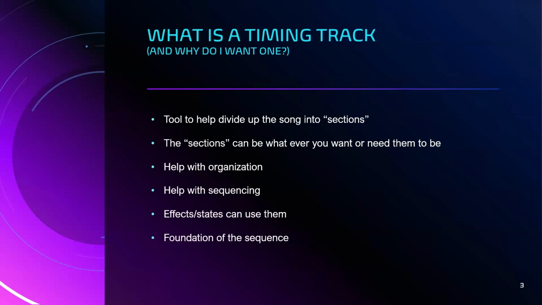I think timing tracks are like the foundation of the sequence. If you build a house, you have to have a good framing plan to hold up the house. That's what the timing tracks are, and then the walls and the paint and the curtains and the carpentry, all the finished stuff, that's all the effects. So if you start with a good foundation, you'll end up with a good sequence.